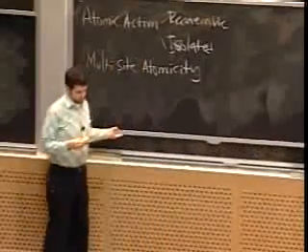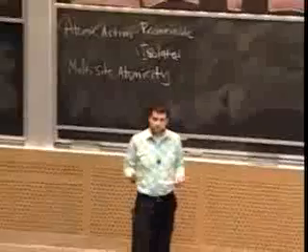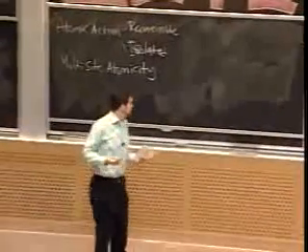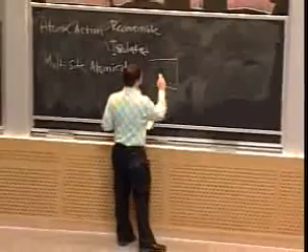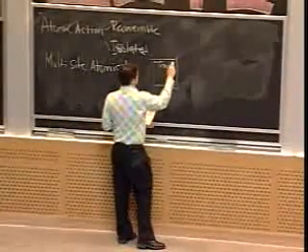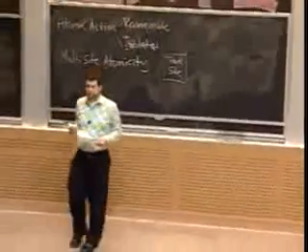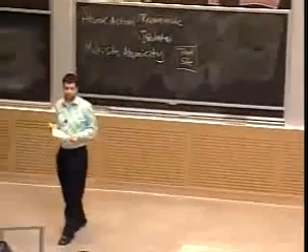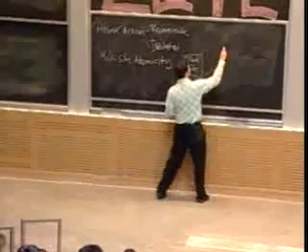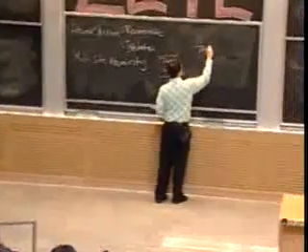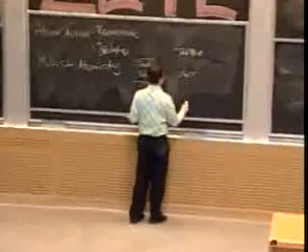And just to give you a simple example of a situation in which you might care about multi-site atomicity, suppose that you're running a travel website. You have some travel site, and you've negotiated agreements with various different people who sell airline tickets. So maybe you have agreements with JetBlue and US Air and some other set of airlines.